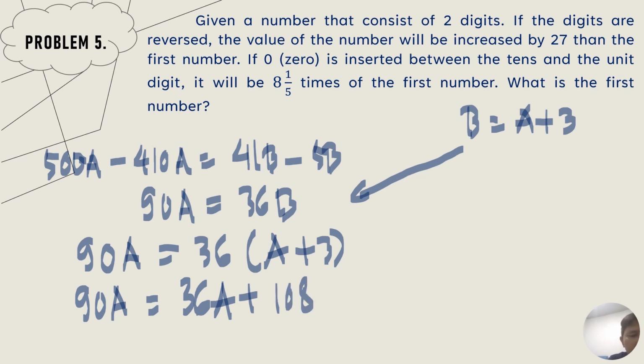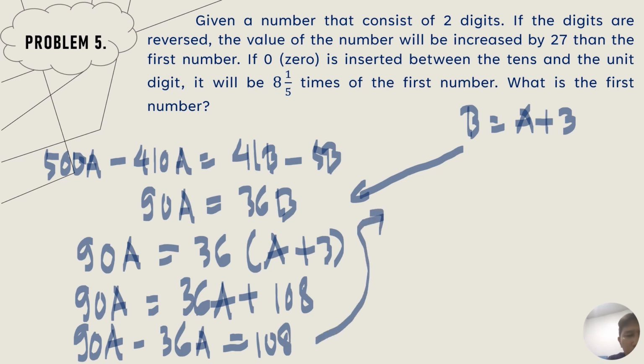So 90A minus 36A equals 108. Then we're going to continue. This becomes 54A equals 108. Then A equals 108 divided by 54 equals 2.